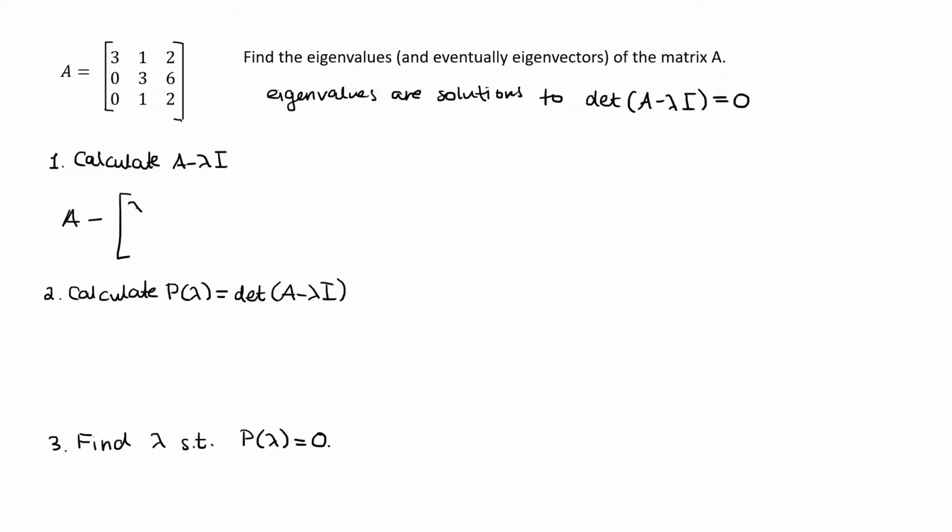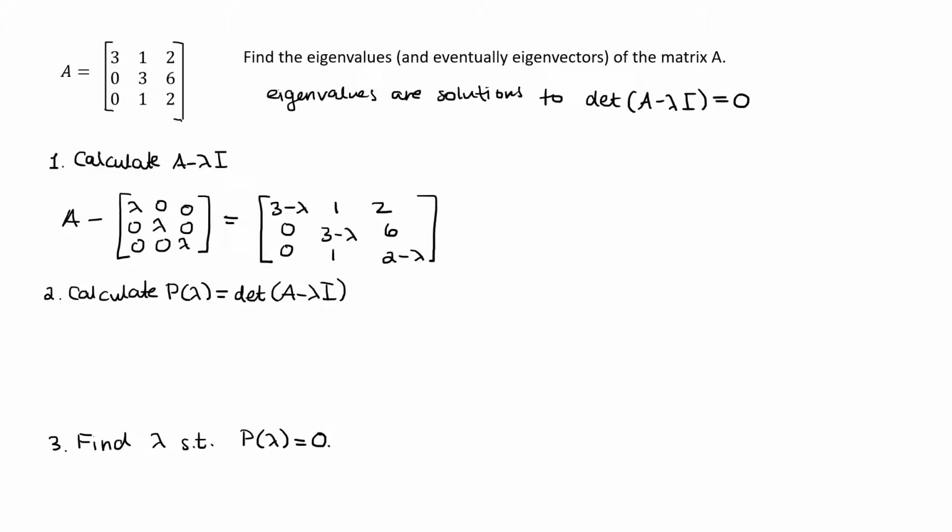So this is going to just have lambdas along the diagonal and zeros everywhere else. So when I do A minus lambda I, I will just be subtracting lambda from everything on the diagonal. All right, so I've got A and everything on the diagonal lost lambda.